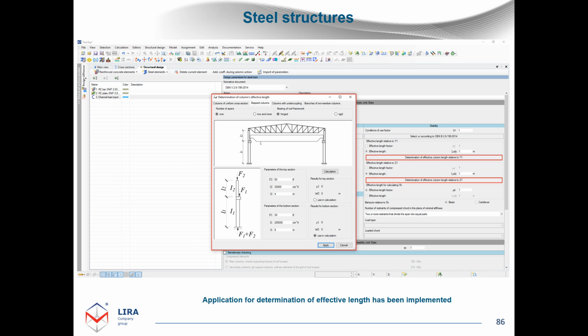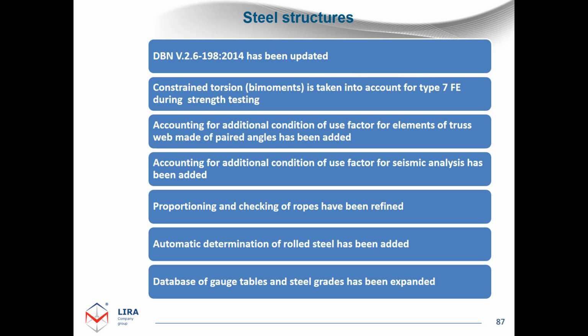Also, we've created an application to determine effective lengths of a bar element. It performs calculation of effective lengths based on initial data and according to standards and reference literature. And also we've updated calculation based on DBN up to DBN from 2014.